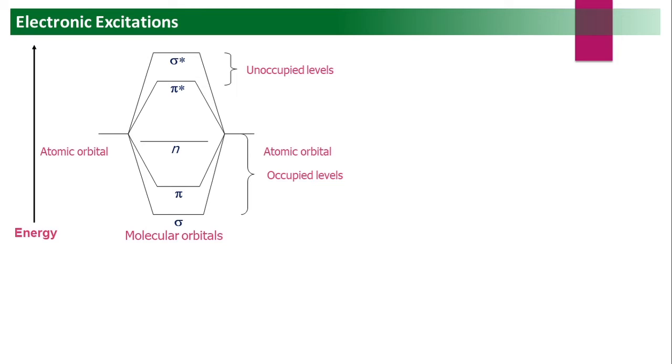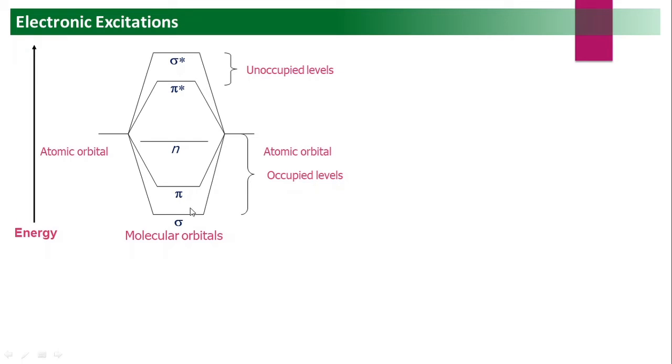So we'll see electronic excitations in detail. See here, this is the atomic orbital of a particular molecule. This is also the atomic orbital of a particular molecule, and these are the occupied levels, like the sigma bonding level and pi level. These are the molecular orbitals. Higher means energy is high, lower means energy is less.